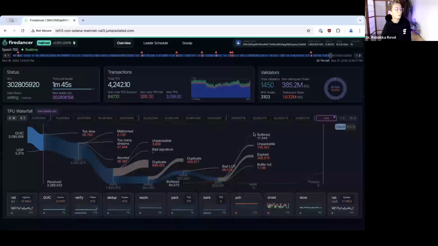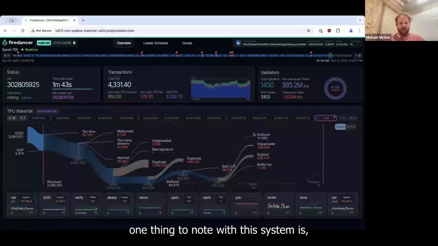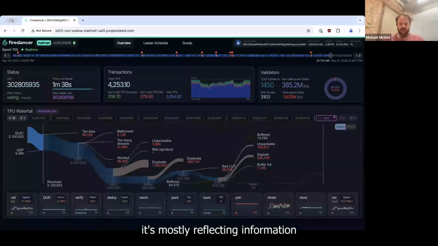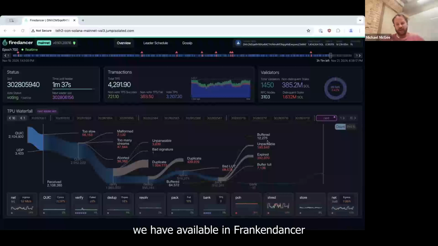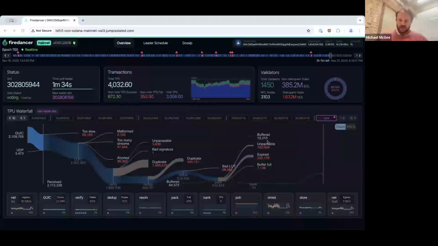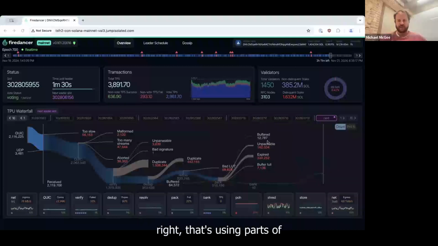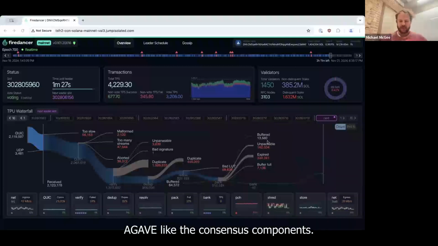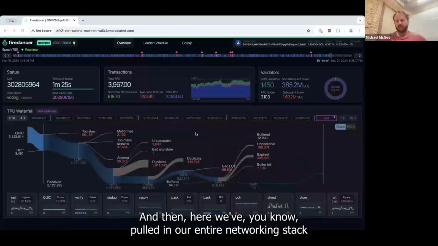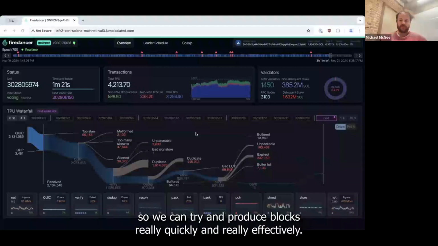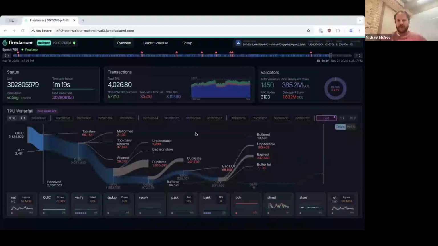Yeah, I think one thing to note with this system is it's mostly reflecting information we have available in Firedancer. So Firedancer is our initial hybrid validator, right? That's using parts of Agave, like the consensus components. And then here we've pulled in our entire networking stack so we can try and produce blocks really quickly and really effectively.